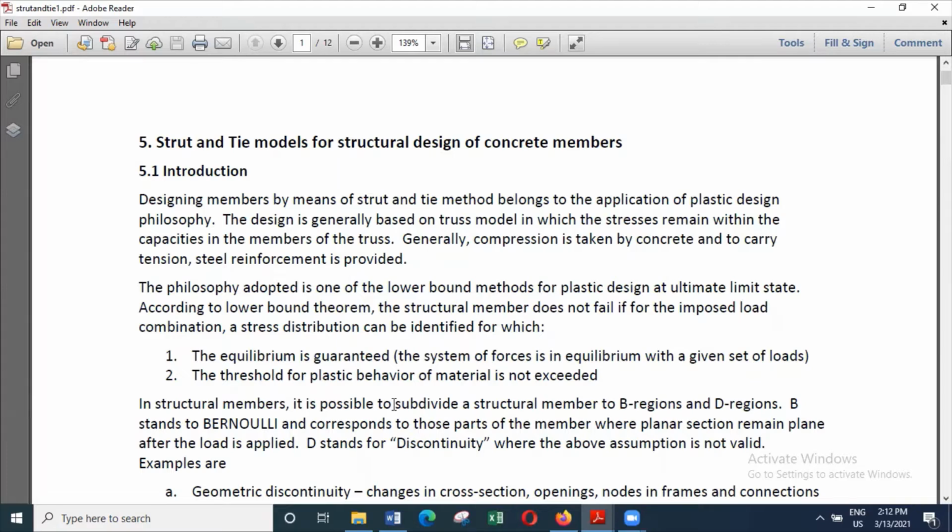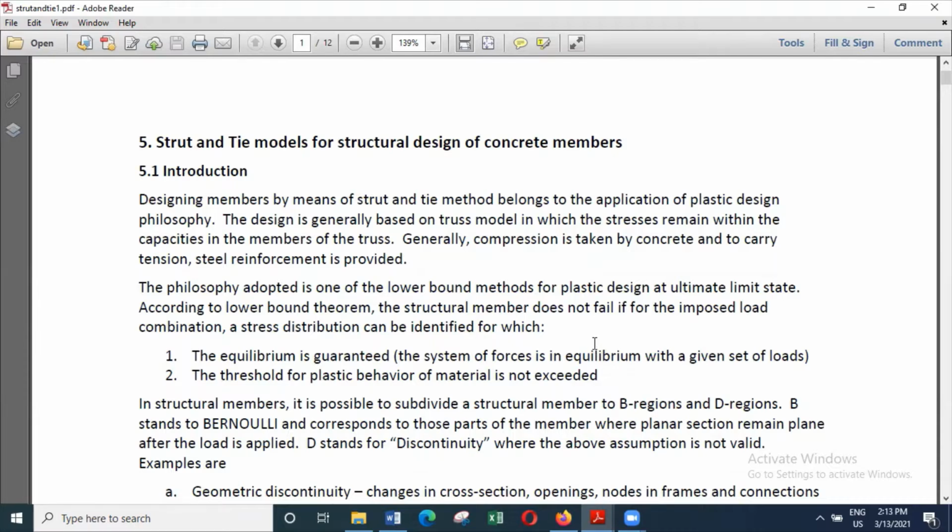So if you have a structural member, we can actually divide it into two types of regions. One is called the B region, and that is the region where the basic assumption that the plane sections remain plane is valid. But there are certain places in a structure where you have discontinuity or concentrated loads acting at a place.